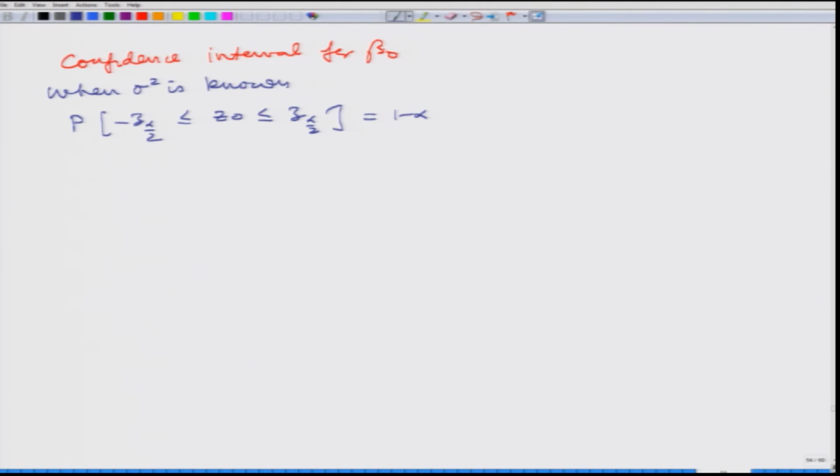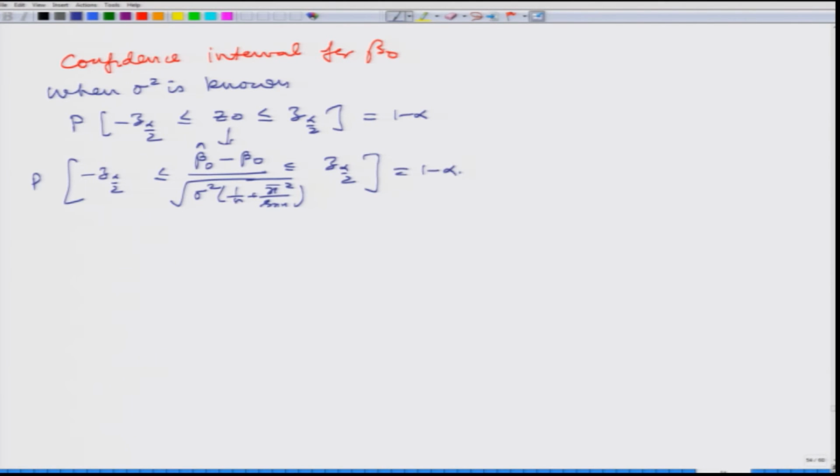Now, if you substitute this Z0, which is beta hat naught minus beta 0 divided by the square root of sigma square times 1 over n plus x bar square over Sxx, then the probability of such an event is equal to 1 minus alpha.